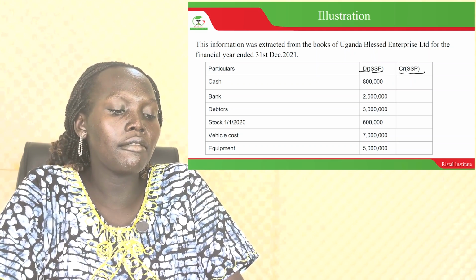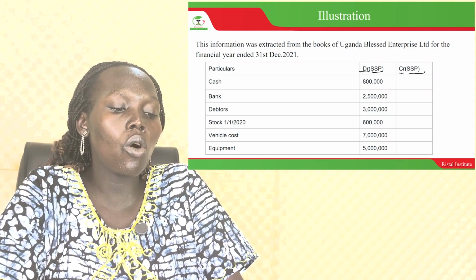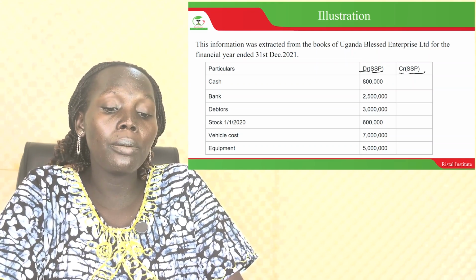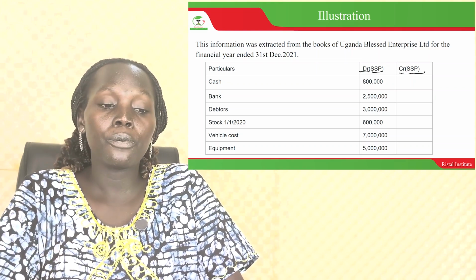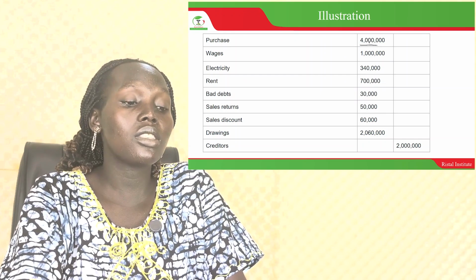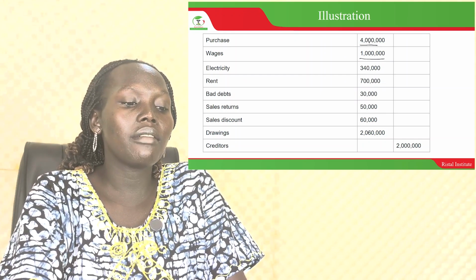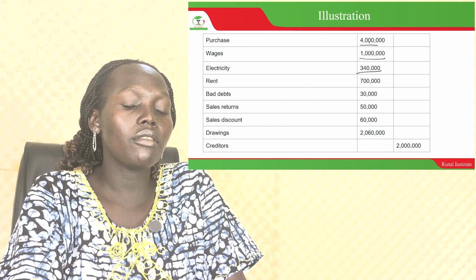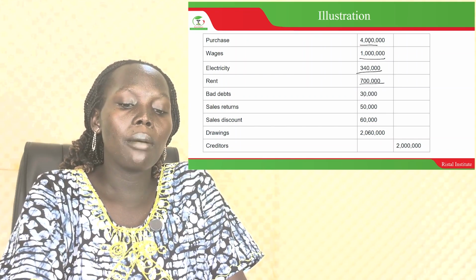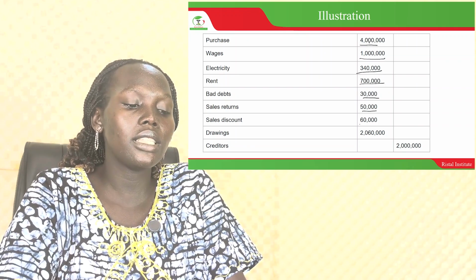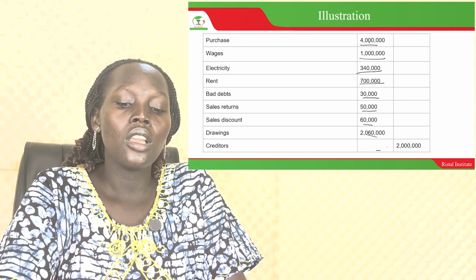Then vehicle cost, which is 7 million, and equipment, which is 5 million, and then purchases, with the amount as you see. We have wages as 1 million. Then electricity, rent, bad debts, sales return, discount, drawings, and creditors.